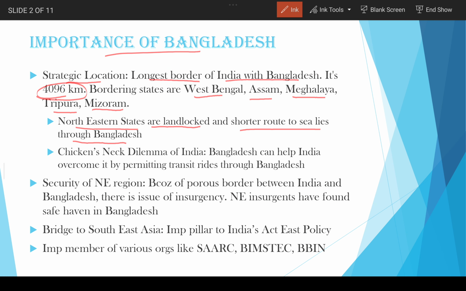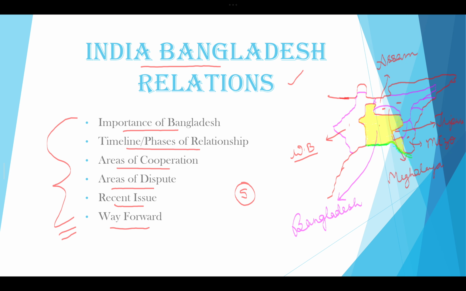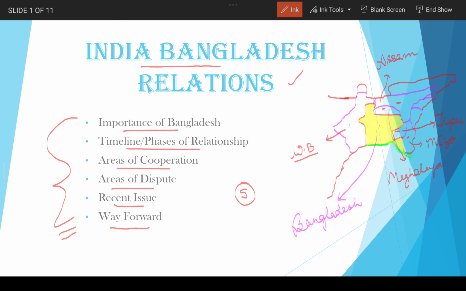Another important thing, okay, India suffers from the chicken's neck dilemma. Now what is this chicken's neck dilemma? Okay, look at this region. The area which is connecting India to the northeastern states of India is this very narrow strip of land. This is approximately 26 to 28 kilometers wide only.